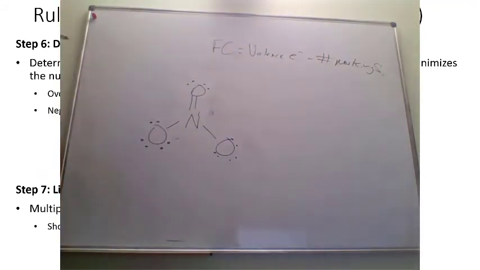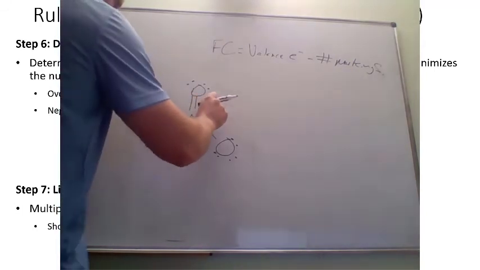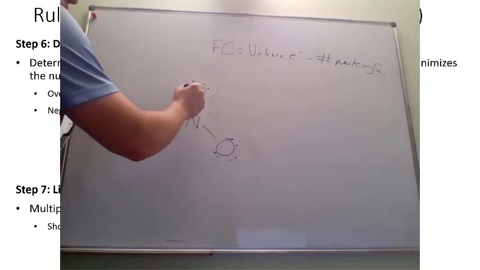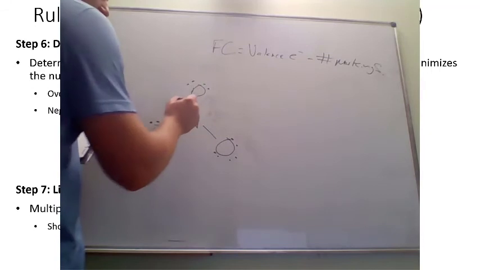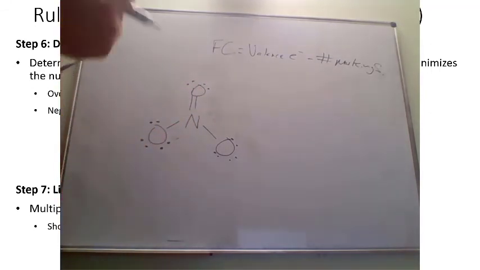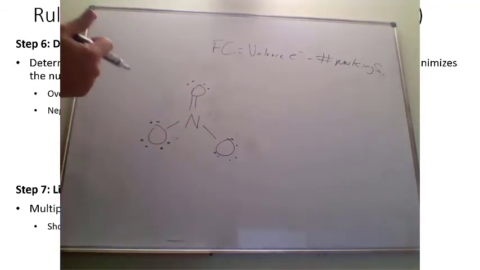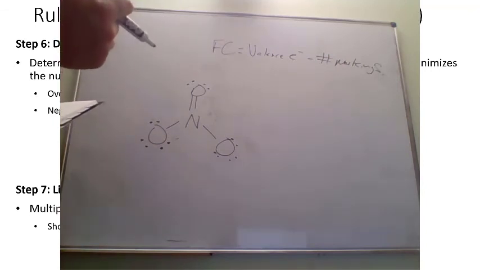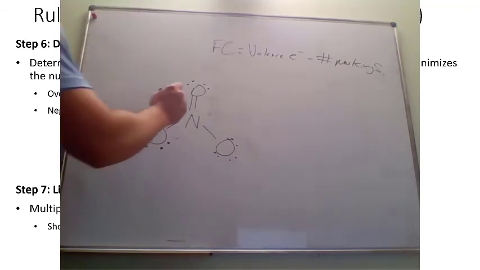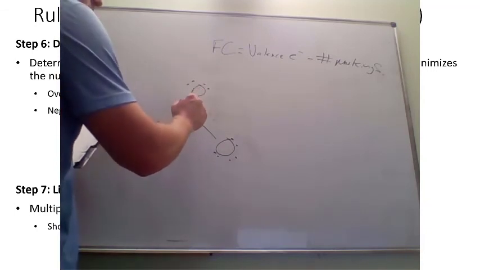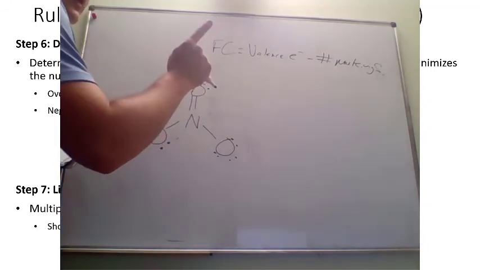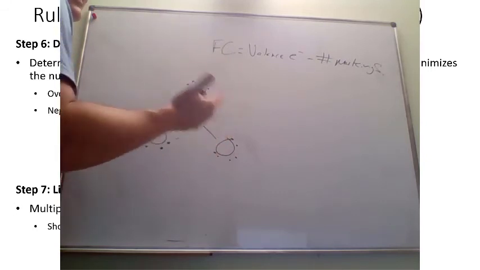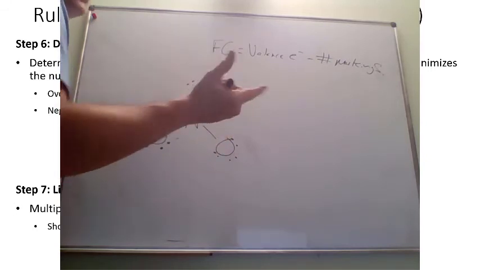Okay, so what I mean by that is we know that each of these covalent bonds here includes 2 electrons. But we only want to count one of the electrons. That's what 1/2 the number of bonding electrons means. So if we just count this single bond here as just 1, that's the same thing as saying 1/2 of 2.